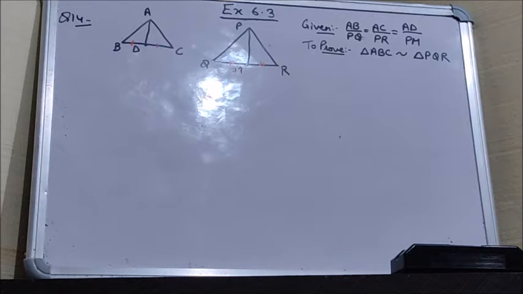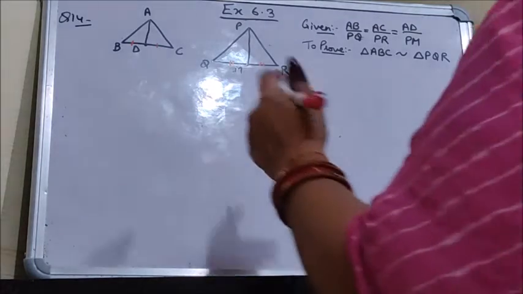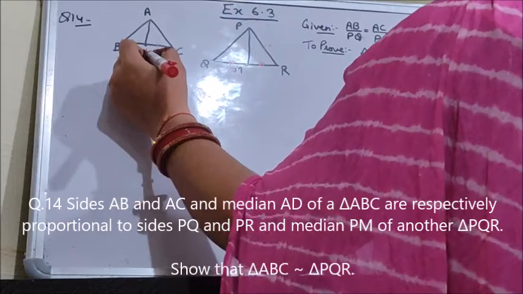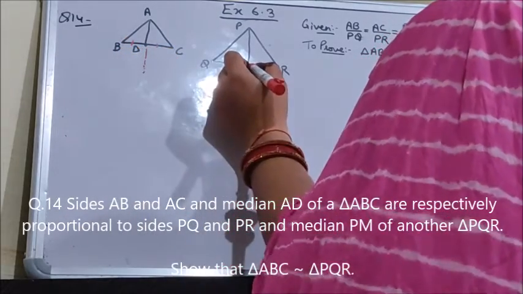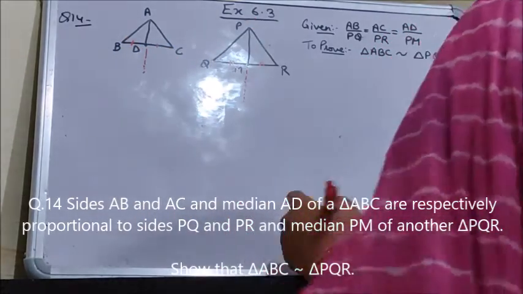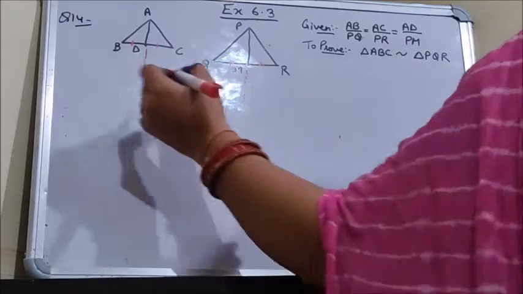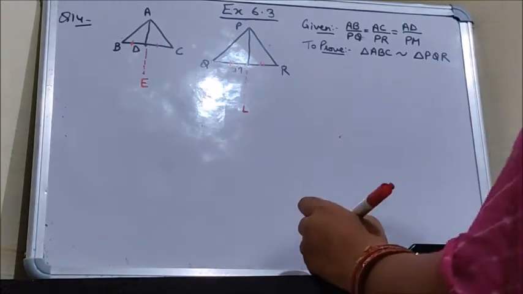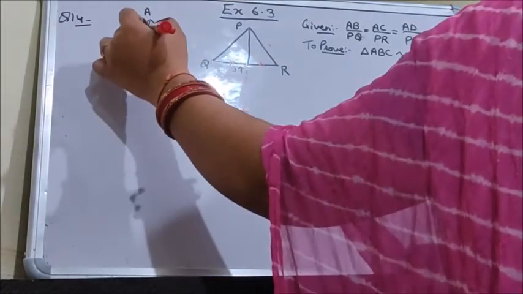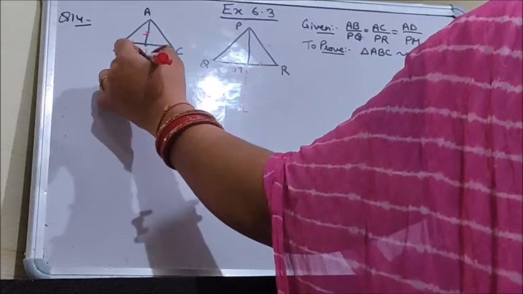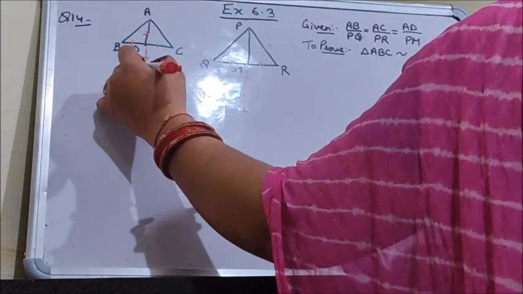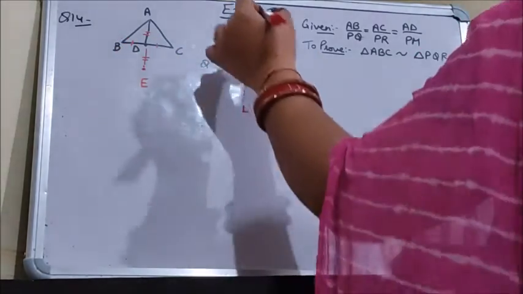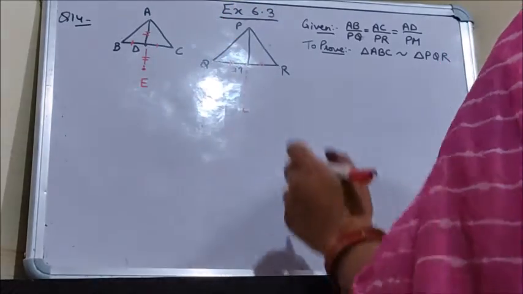So here we have to do a little construction work. What construction do we have to do here? We have to extend AD and PM to points, suppose E and L, such that AD is equal to DE and PM is equal to ML.